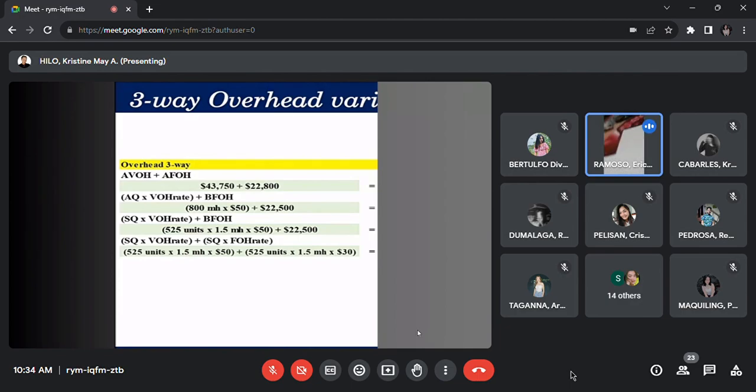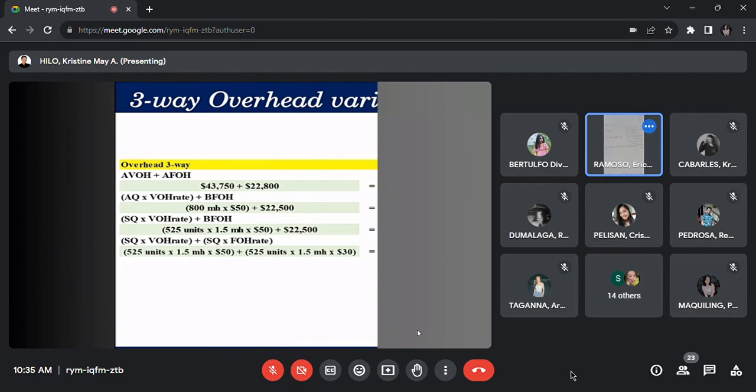So our 4,050 is the unfavorable spending variance. Then our 625 is the unfavorable efficiency variance. And our 1,125 is the favorable volume variance.